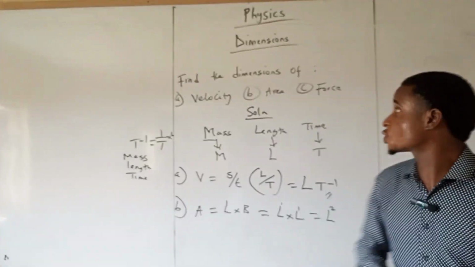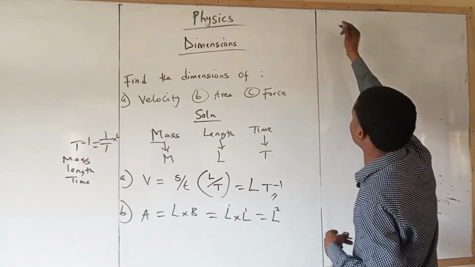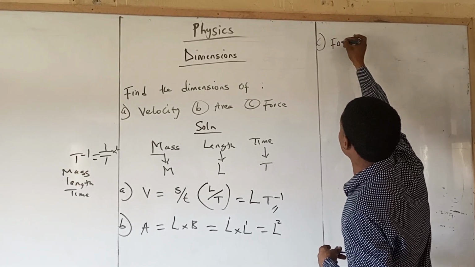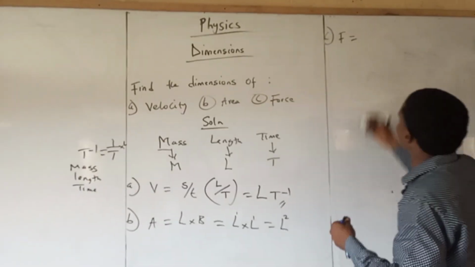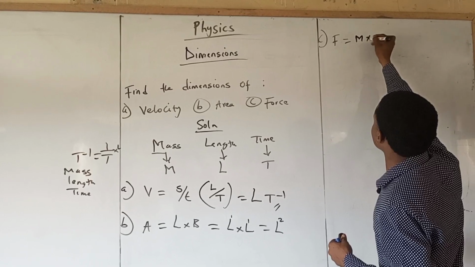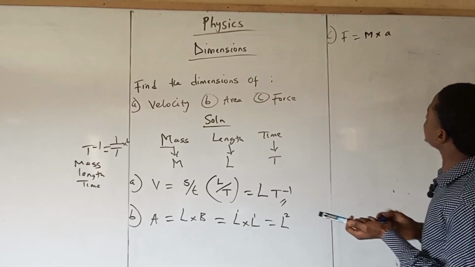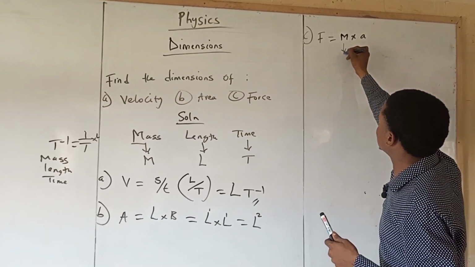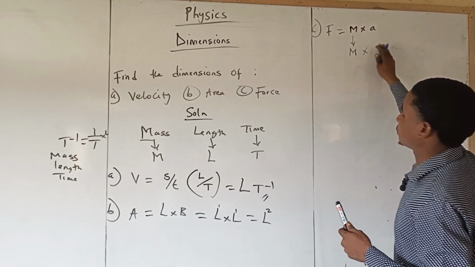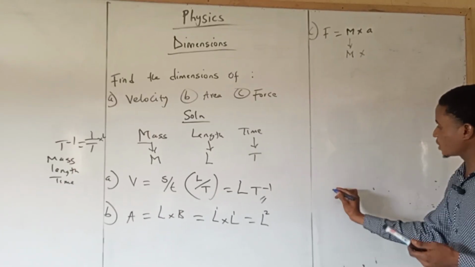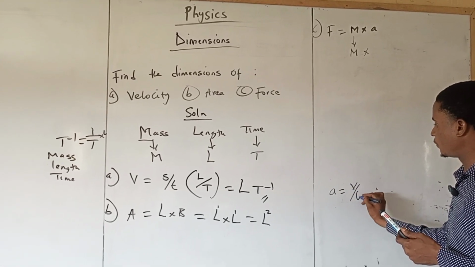And let's check the last one, which is force. We said that force is equal to mass times acceleration. And we know that the dimension of mass remains letter M. But what is the dimension of acceleration? Good. Let's see. Acceleration is change in velocity all over time.